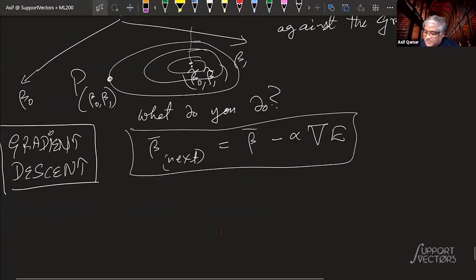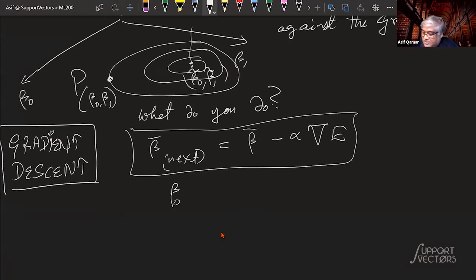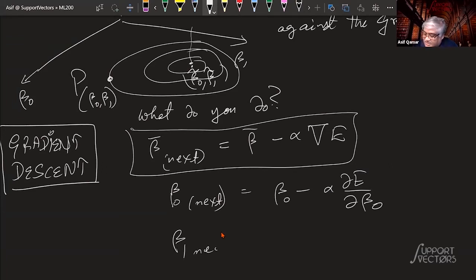It's the gradient. So if you break it out into components, you could say that beta 0 next is equal to the previous value of beta 0 minus alpha dE/d beta 0, beta 1 next is equal to beta 1 minus alpha dE/d beta 1, right?